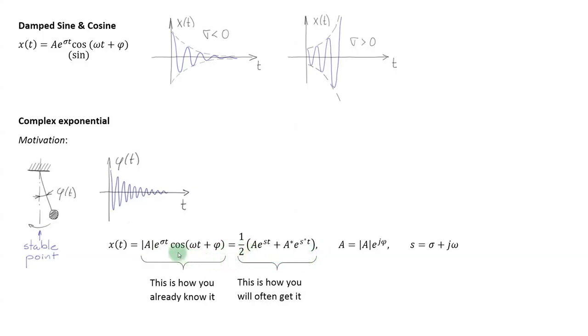Instead of a sine or a cosine, we'll get two complex exponentials where this a will be a complex number and this s will also be a complex number. And of course, you also need to understand this cryptic form of writing sines and cosines, so I will need to explain that complex exponential.